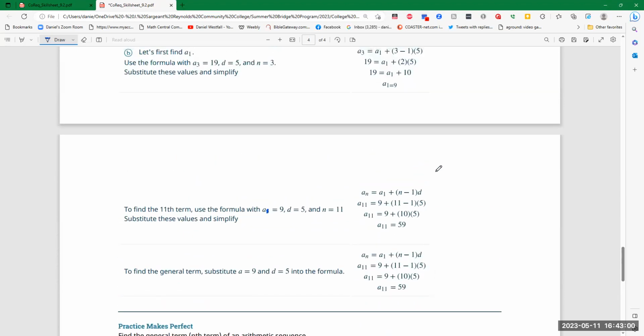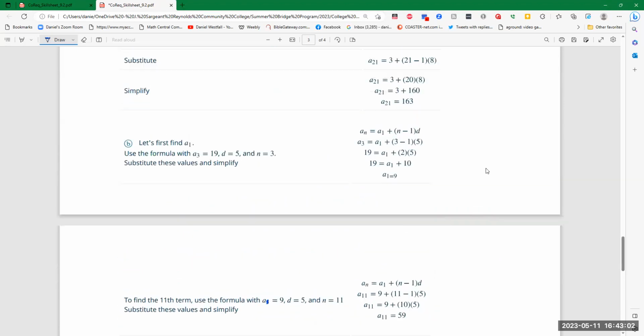Let me show you that I could have done it a different way here. So this is what I was thinking. If I wanted to go from 3 to 11, that's going to be 8 steps, right? To get from A3 to A11, I want 1, 2, 3, 4, 5, 6, 7, 8 steps.